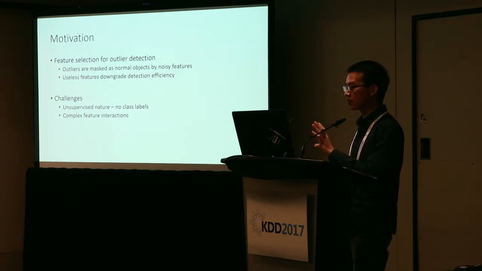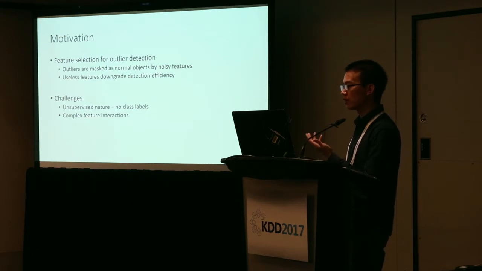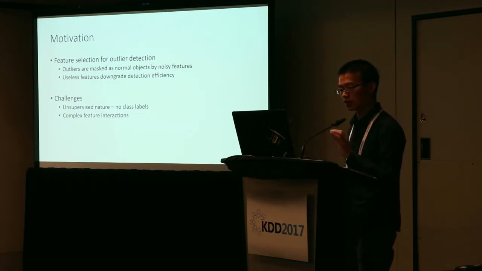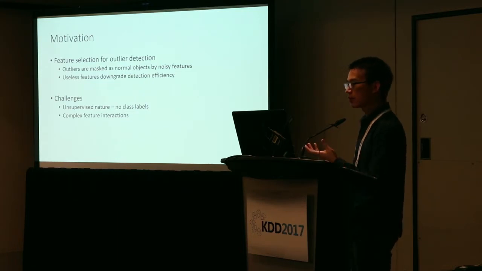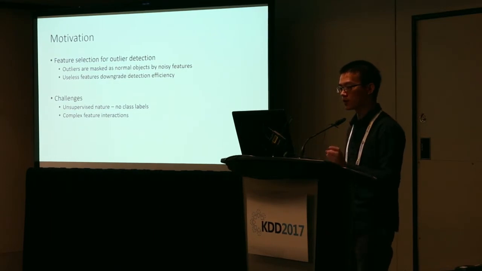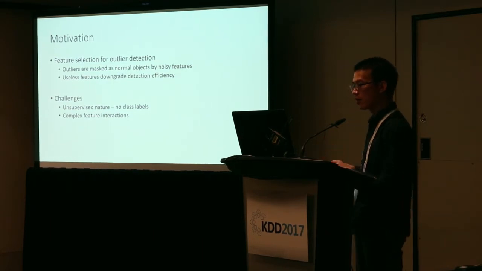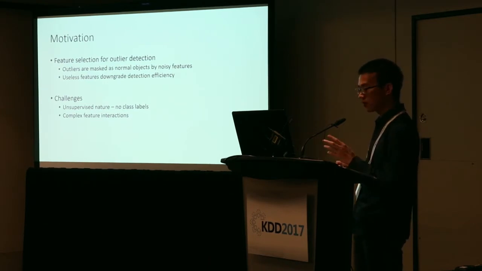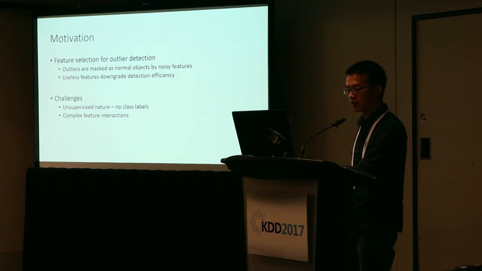This is just the inverse of what we hypothesize. We always assume the outliers contain infrequent or rare values, but normal objects contain frequent values or patterns. In noisy features, this is the inverse case.